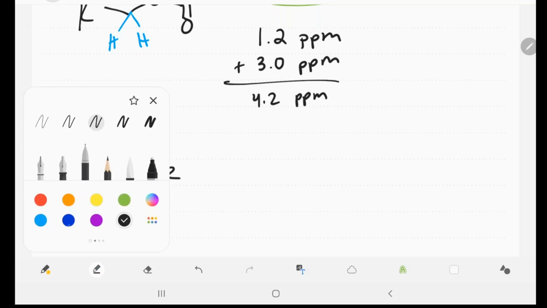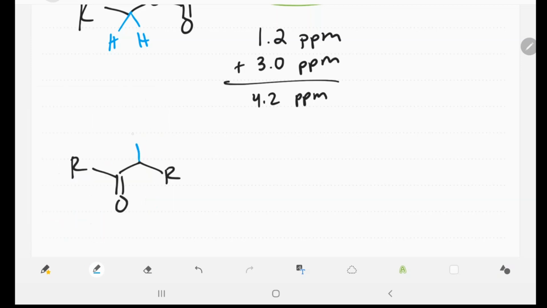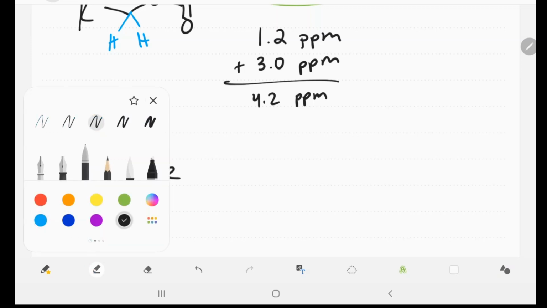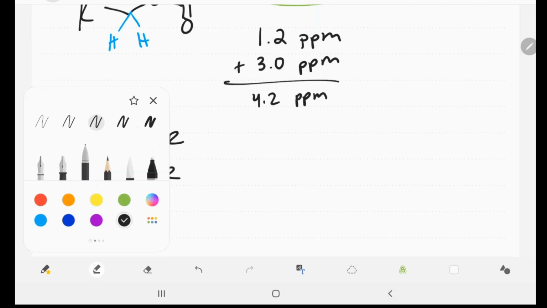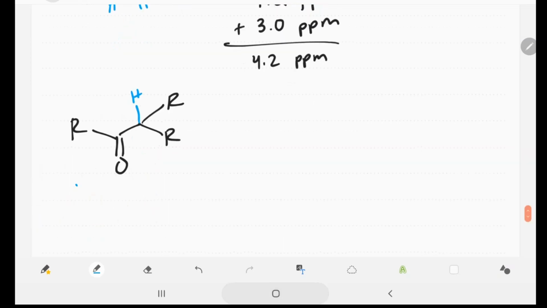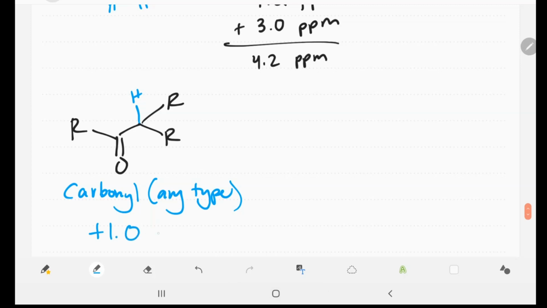And again, here we can make it a methine group, why not? So that would be a carbonyl, no matter what type. Any type of carbonyl, so ester, ketone, aldehyde, whatever, all of those will give you plus 1 ppm.